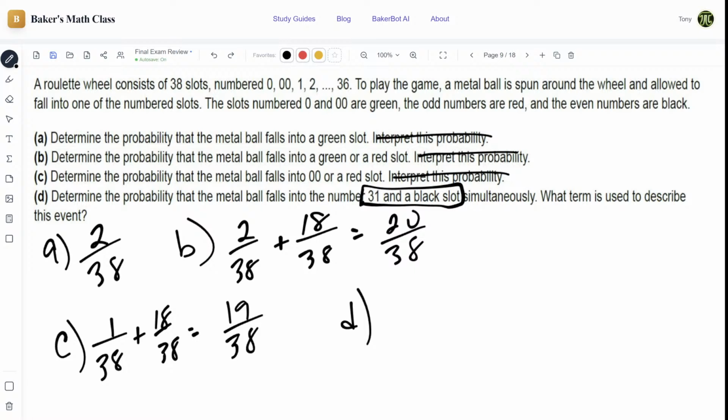Is 31 black? No. So can it fall into 31 and a black slot at the same time? No. So that means this does not happen. So what kind of event is this? Impossible. That can never happen.